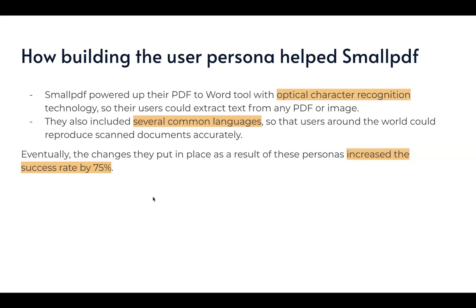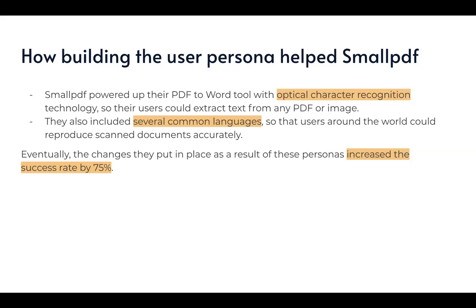First, they powered up their PDF to Word tool with OCR technology, that is optical character recognition, so that users could extract text from any PDF or image easily. Second, they also included several common languages so that users around the world could reproduce these scanned documents.